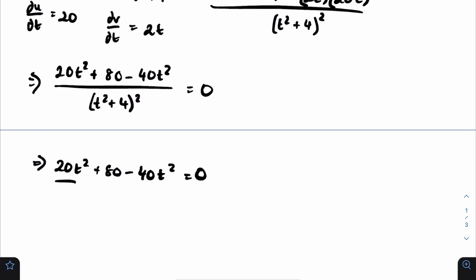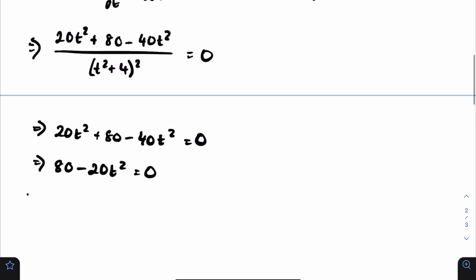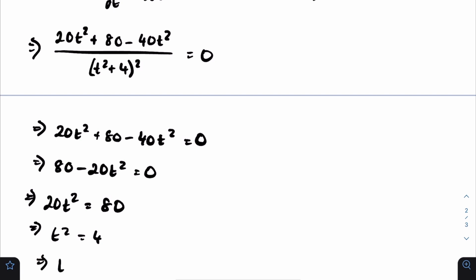Now we can combine these terms because they're attached to the same power of t. So that gives us 80 minus 20t squared is equal to 0. So 20t squared is equal to 80. t squared equals 4. So t is equal to plus or minus 2.